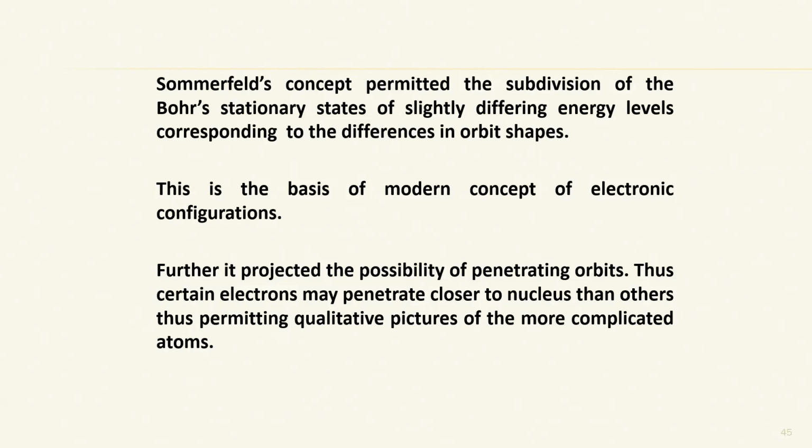Further, it projected the possibility of penetrating orbits. So long as the electrons are moving in empty space, for n equal to 1, n equal to 2, there could be elliptical orbit 1, elliptical orbit 2, etc. There could be some sort of penetration because it is all empty space.